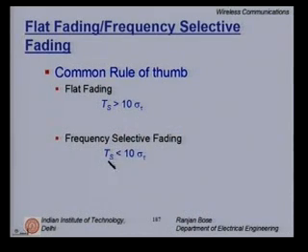The question being asked is, what happens when Ts is less than 10 sigma tau or greater than this? Clearly, these two cases should cover all the scenarios. If you are in between, maybe Ts is approximately equal to sigma tau, then what do you do?